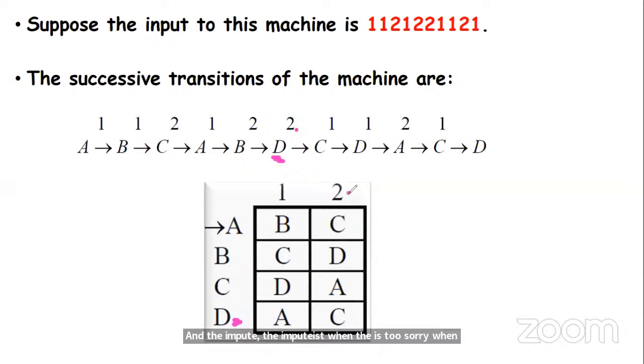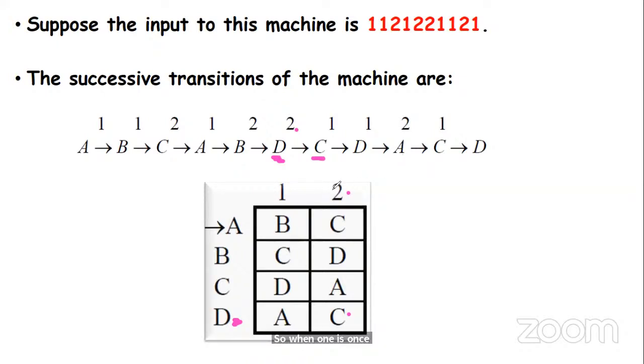When the input is 2, it ends up at C according to the table. So this table is the guideline we are using to get the inputs, then get the result. Whatever the beginning one is, the A. So we now use the inputs, this string of input 1 1 2 1. So once it receives 1, it moves to B according to the table.